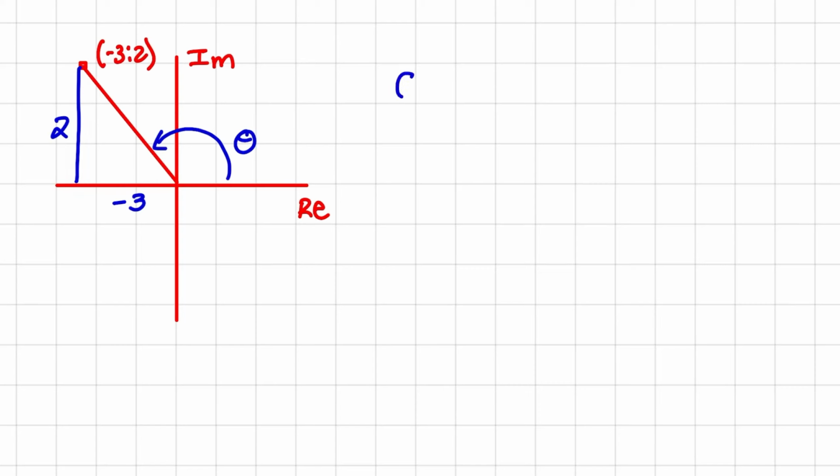But to find theta, we would say pi, which represents 180 degrees. And we're going to go fully to 180 degrees and subtract this reference angle. So we would need to subtract that angle, which is represented by tan. So we will use arctan, and the ratio that we would use is 2 over 3.